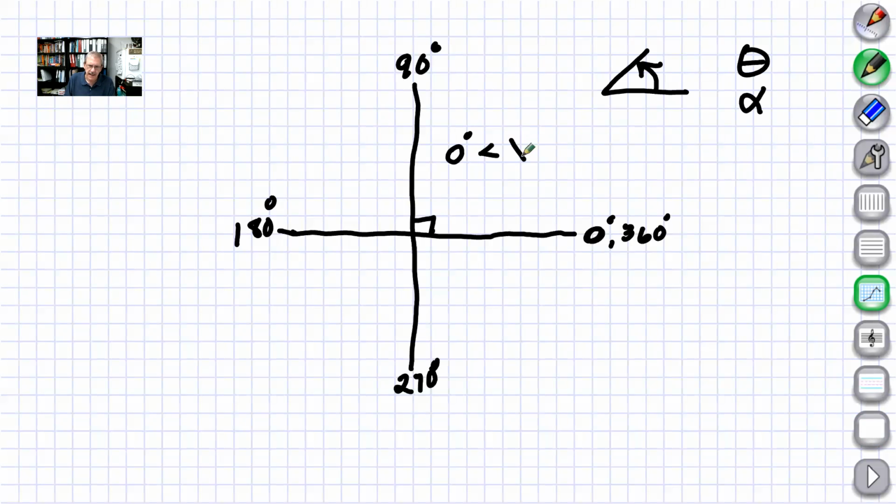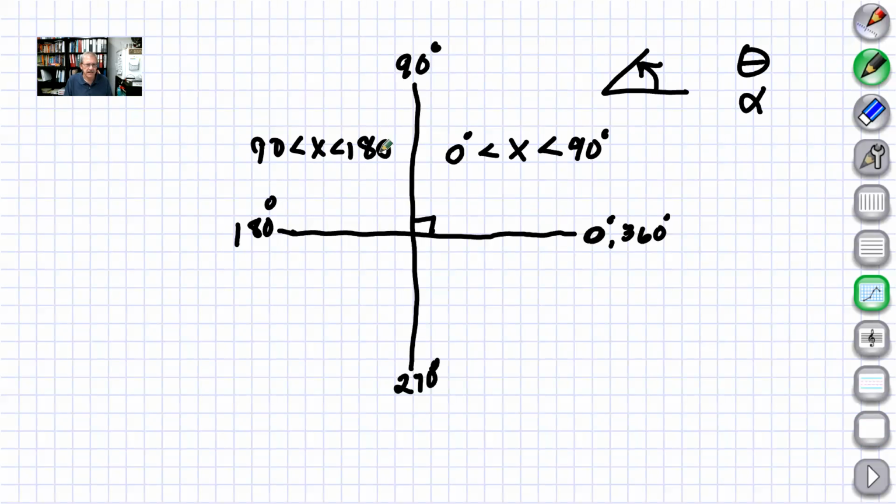Let's just call this X, is less than 90 degrees would be in here. So anything between 0 and 90 would be in this category. In this category, it would be anything where 90 degrees is less than X is less than 180.